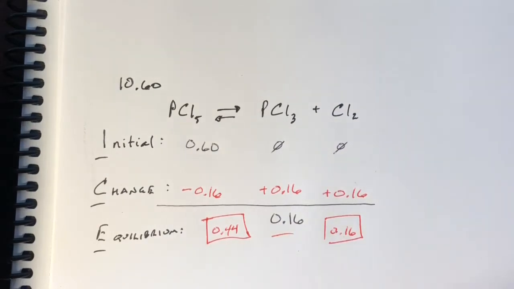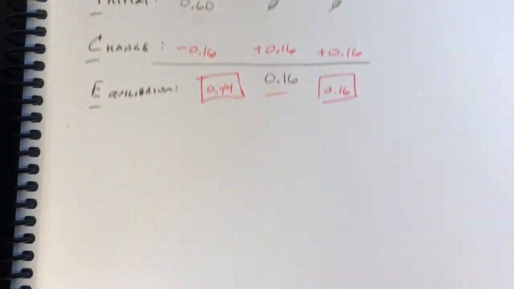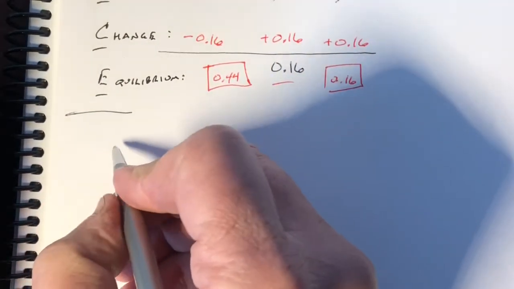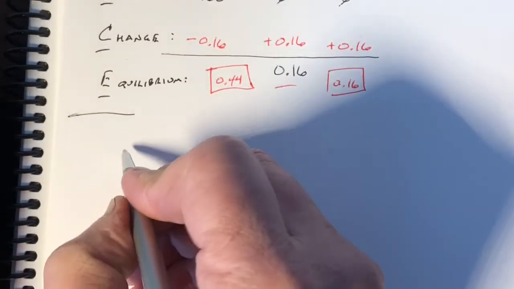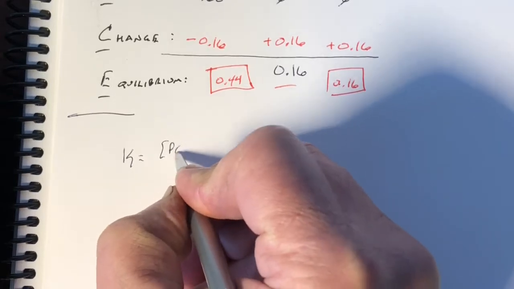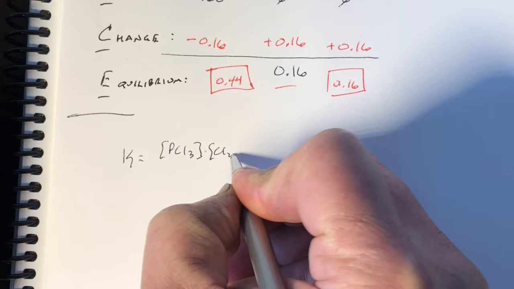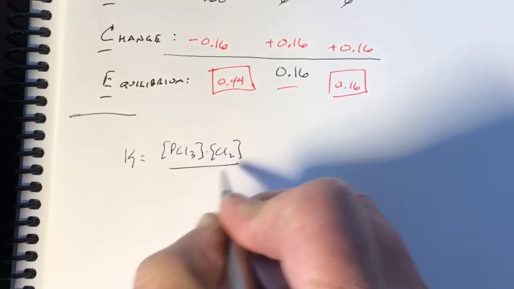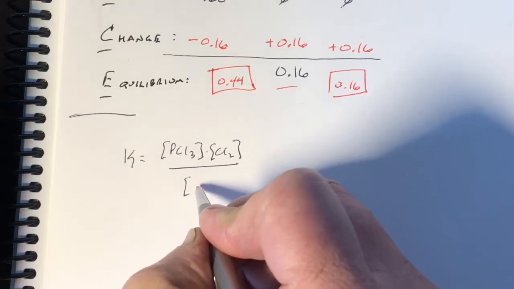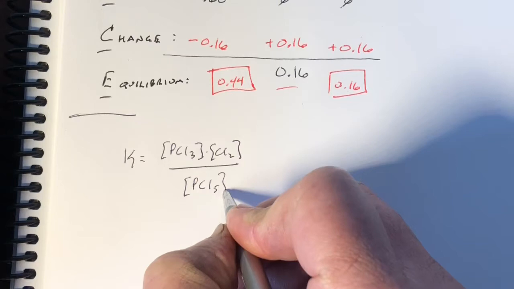The rest of the problem has to do with calculating what K is, and this goes to the fundamentals: if I have my reaction, I won't rewrite it, but K, which is products over reactants, will be the concentration of PCl3 times the concentration of Cl2 divided by the concentration of PCl5.